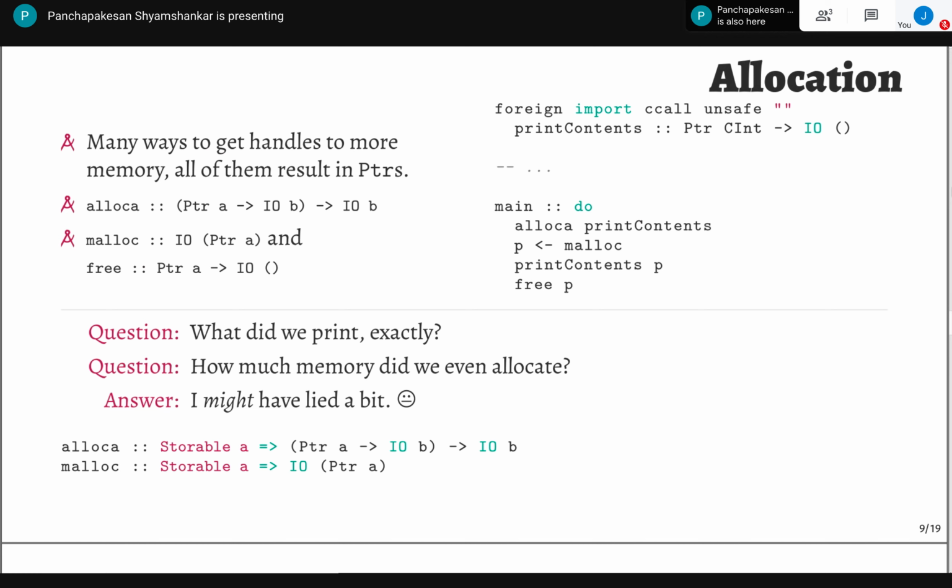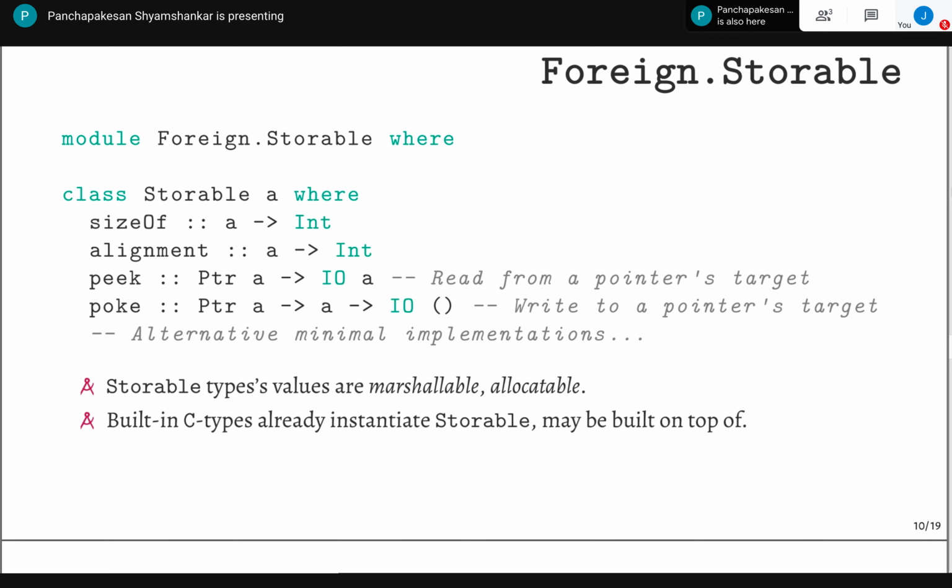Right, so Storable, highlighted in red, let's look at that. Here is the Storable type class. It is in Foreign.Storable. It has a bunch more methods that we'll look at, but this is a minimal implementation. In order for something to be storable, you need to know how big it is, you need to know its alignment, and you need to be able to peek and poke, which means peek is read from a pointer's target and poke is write a value into the target of a pointer.